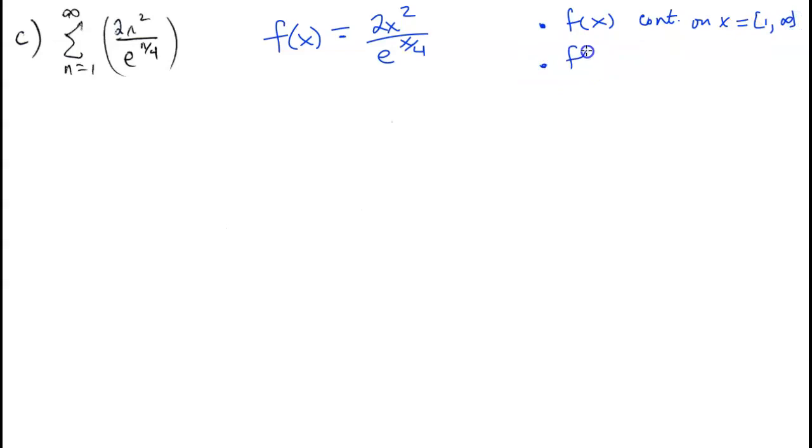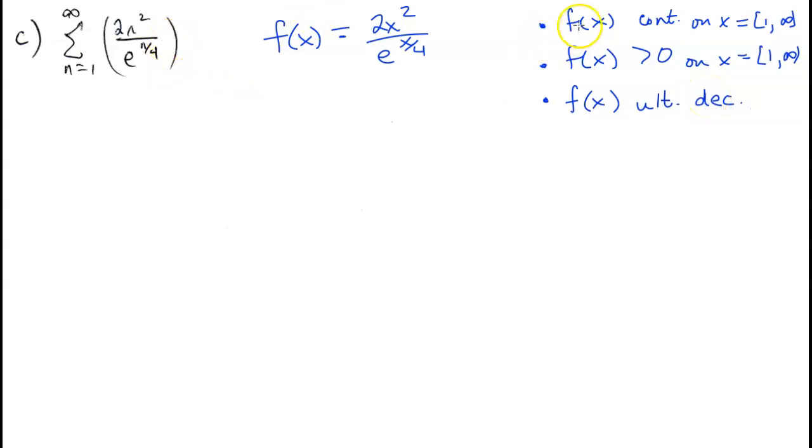We need to make sure that f of x is positive on this interval as well. And the last thing we need to figure out is, is f of x ultimately decreasing?